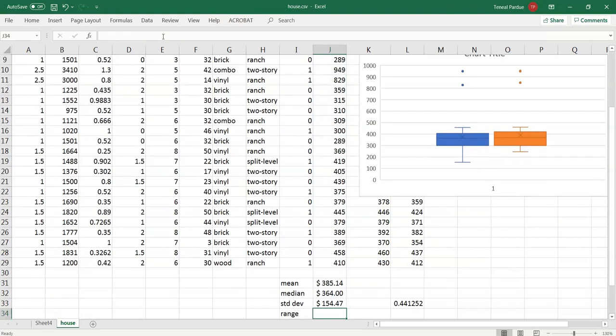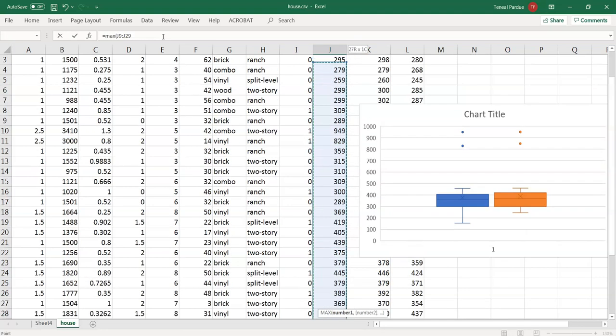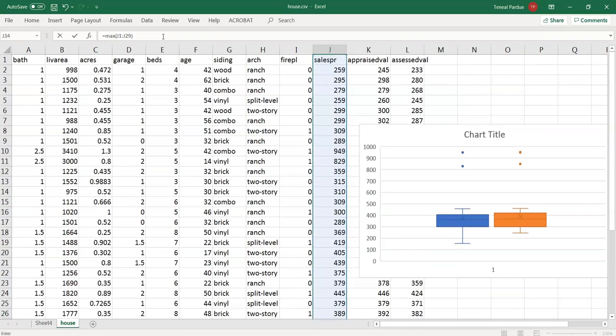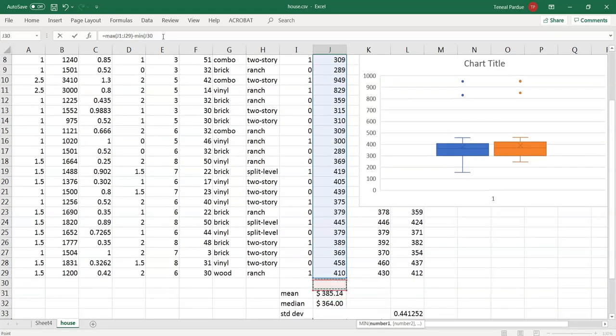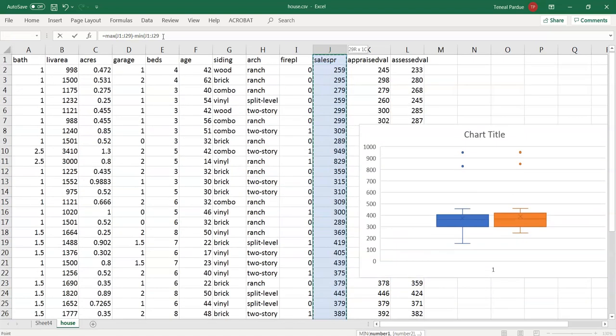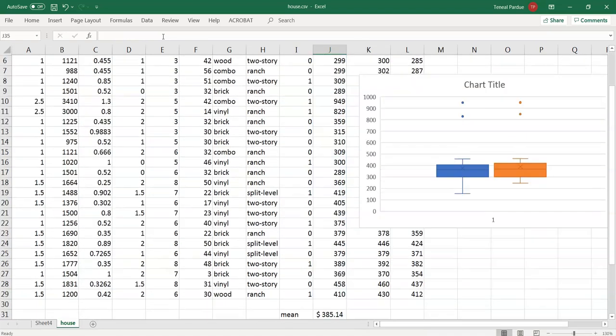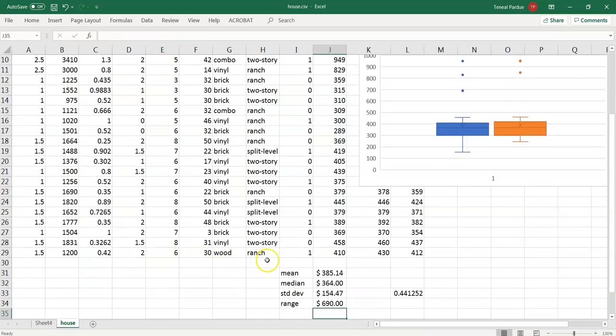Close parentheses, enter, and then this one is max of our data range minus min of our data range. So that's the mean, median, standard deviation, and range.